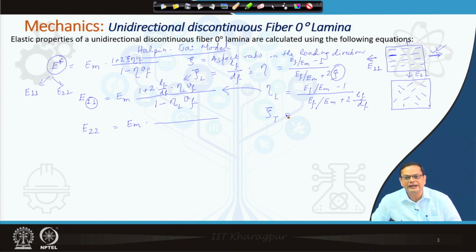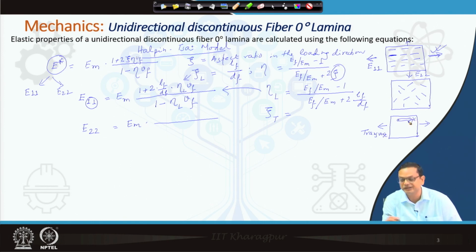It will no longer be Lf by df, it is still the aspect ratio, but now let us consider a single fiber, and if you are applying loading in the transverse direction, then the fiber is not aligned like this.